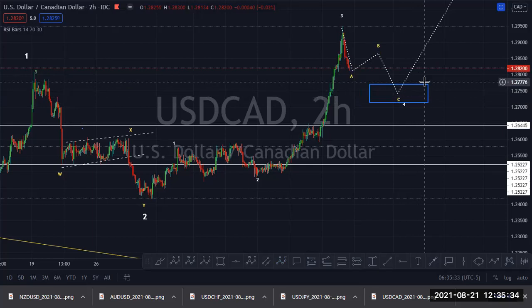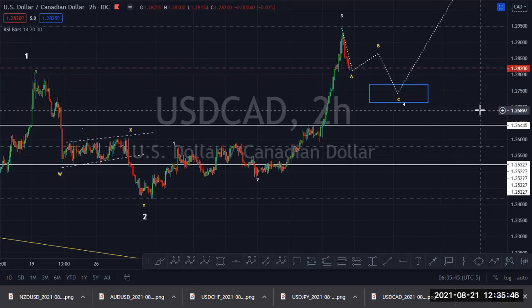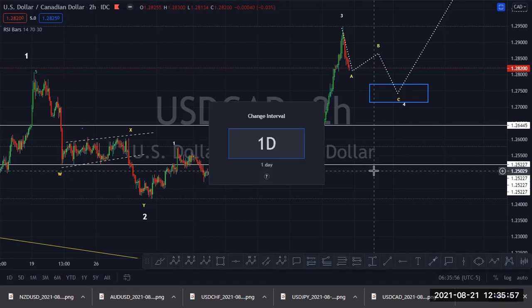I don't know how to explain a nice B for you. If you don't know what it is, then you can enter my class and join my students. So selling this makes sense. After that, we look for a buy from here. That's for USD CAD. There's nothing much on the daily time frame of it, so no need going there.